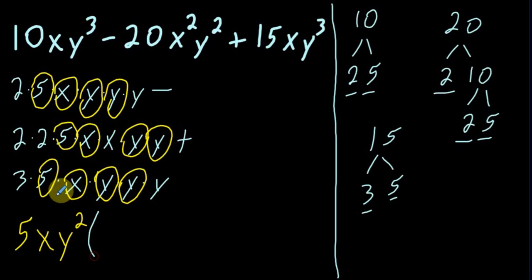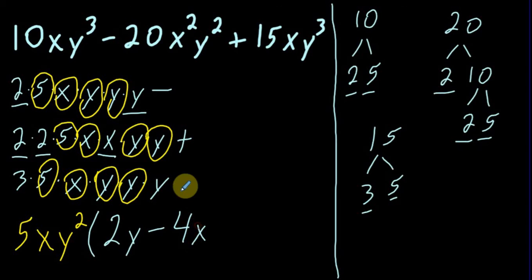Now we look to see what's left. That goes in parentheses. We've got 2y minus 2 times 2 times x. Well, 2 times 2 is 4x. Got a plus sign after that. And then 3y.